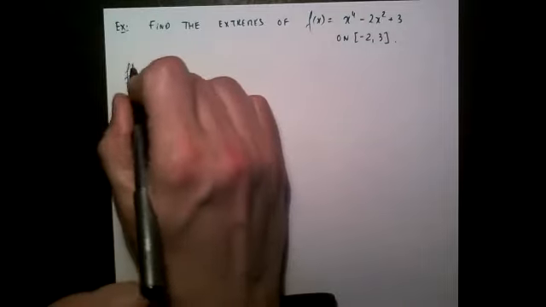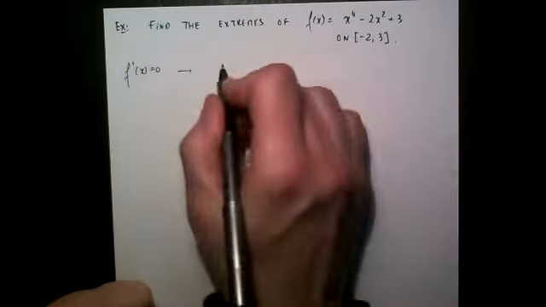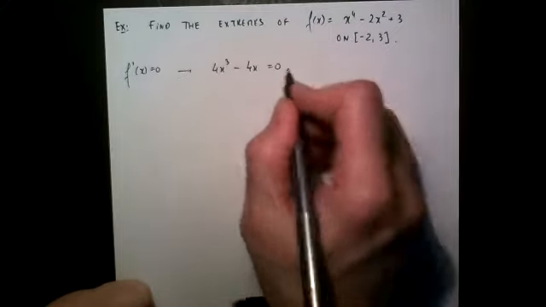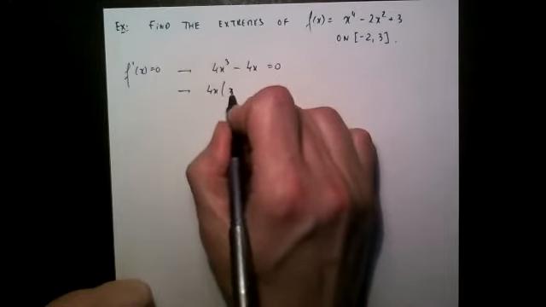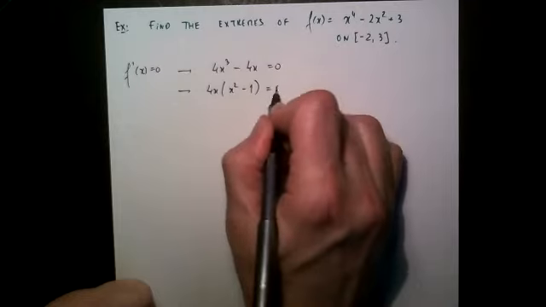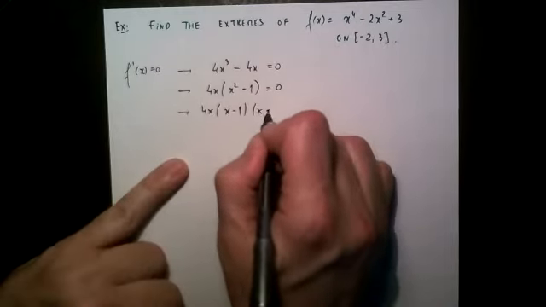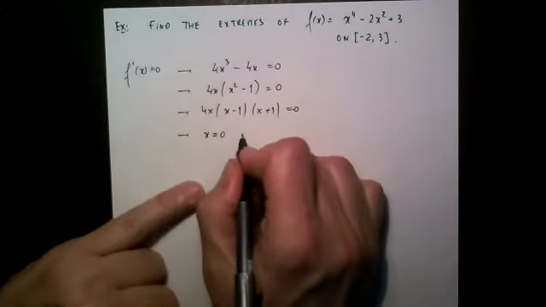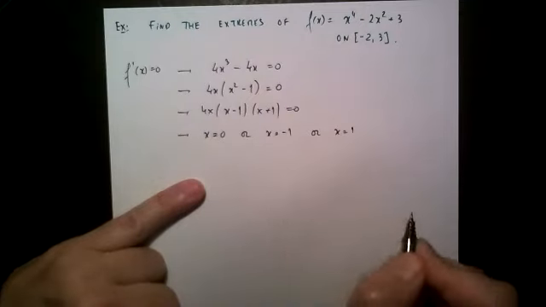So again, f prime of x equals 0. The derivative is 4x cubed minus 4x equals 0. Pull out 4x: 4x times (x squared minus 1) equals 0, so 4x times (x minus 1) times (x plus 1) equals 0, which means x equals 0, or x equals minus 1, or x equals 1.